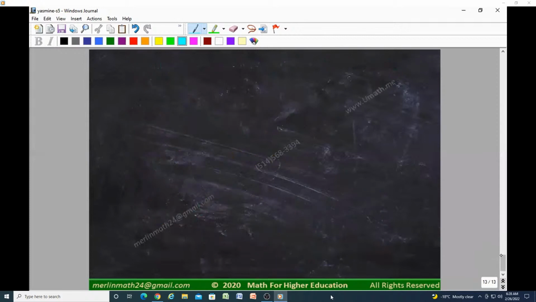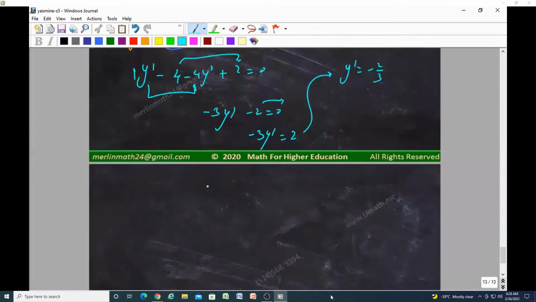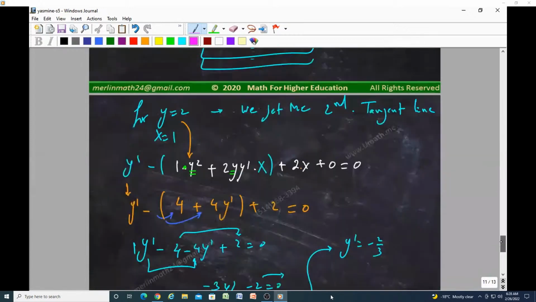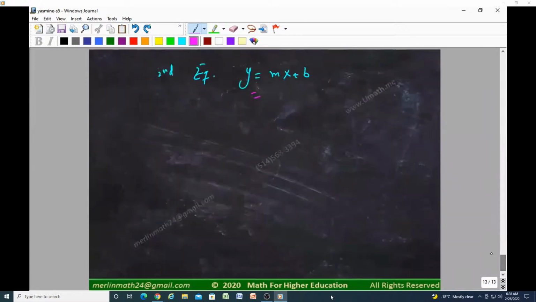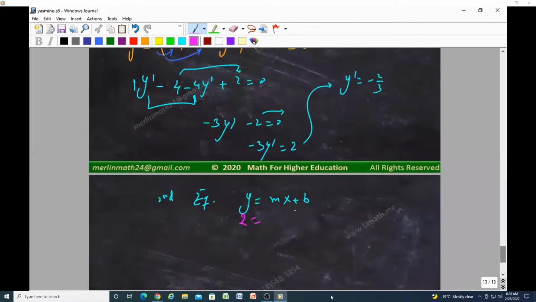What is still to find? So the second equation, in fact, y equal. Again, b is missing, but I want to put y, how much in this case? Y is 2, right? So you put y equal 2, and this is m, the minus 2/3, and x is 1 in this case, plus b.